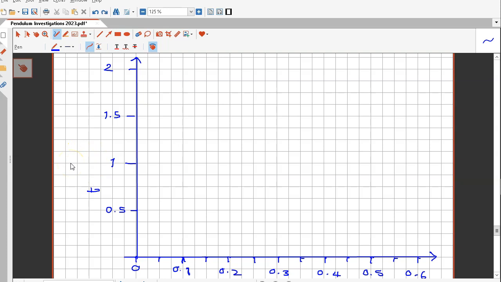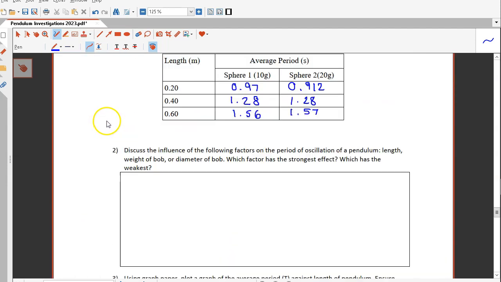Perhaps it would be better to put period in seconds. Okay, great. Now let's start plotting the values.